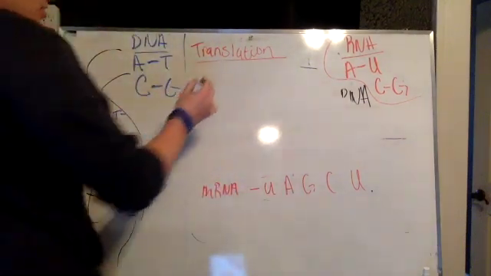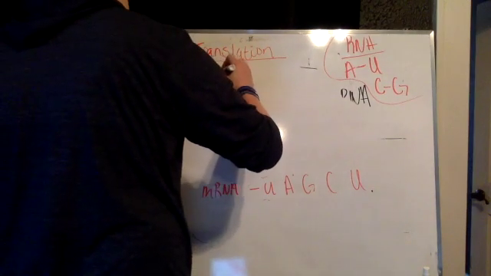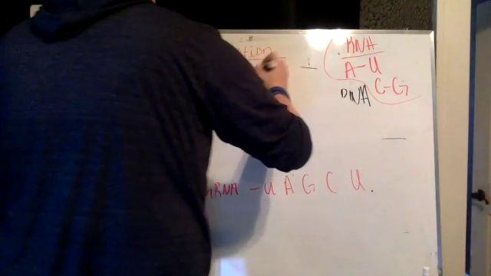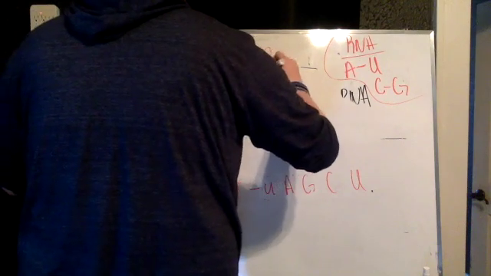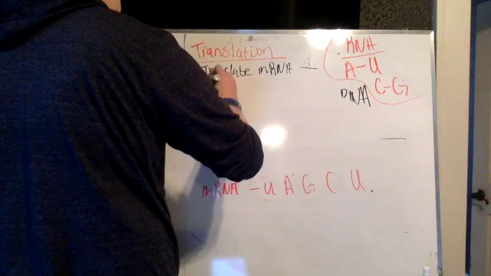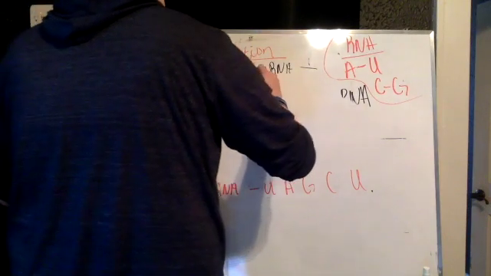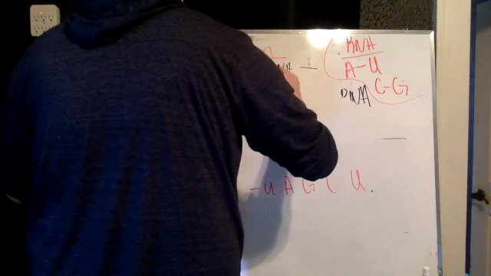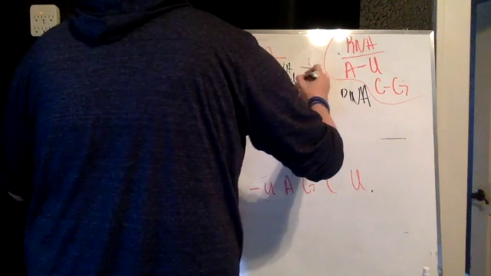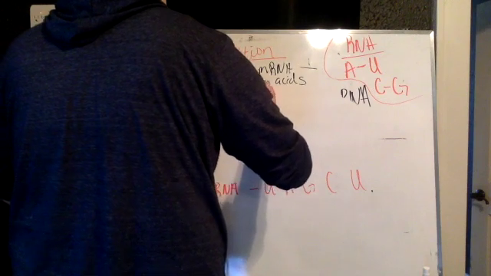So what's going to happen is we're going to translate mRNA into tRNA. Why? Because tRNA brings amino acids. And amino acids are building blocks for protein.